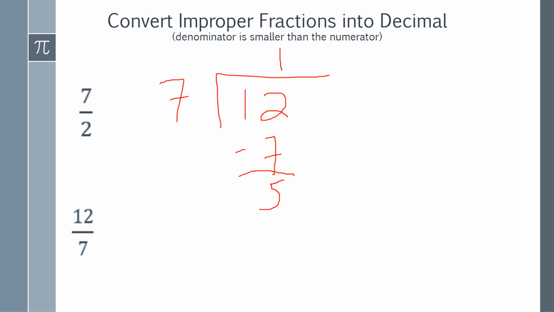Now 7 can't go into 5 evenly, so you add your 0. And when you add that first 0, you put your little decimal point up here. And you bring that 0 down.